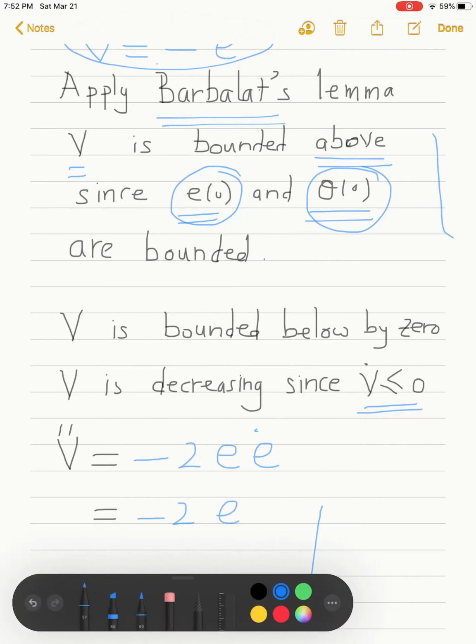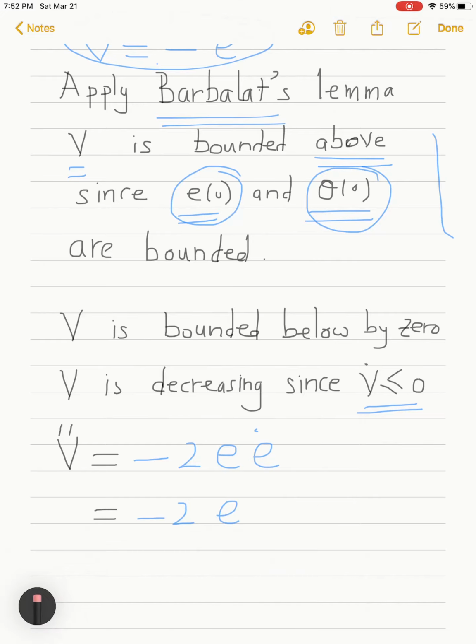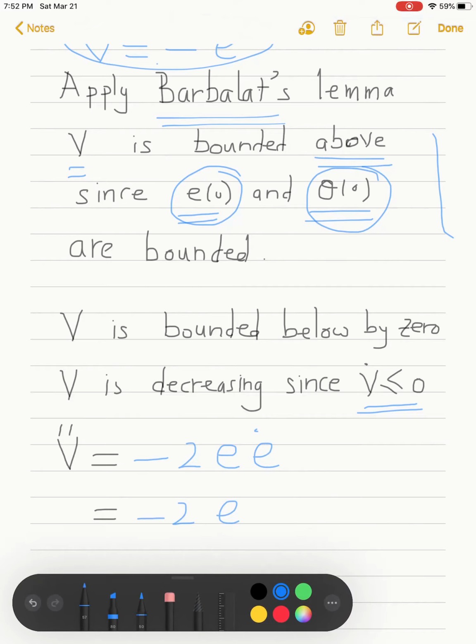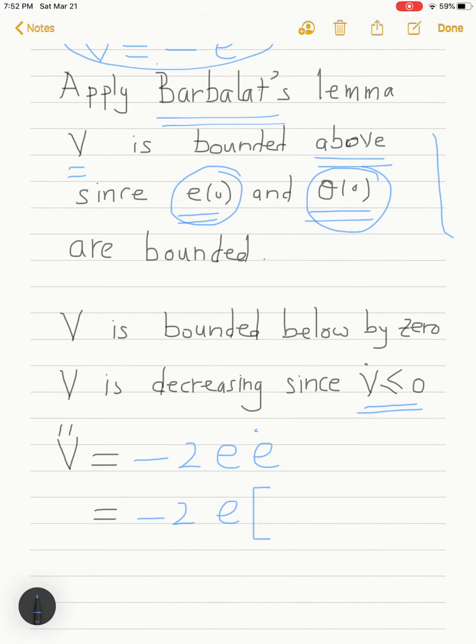I will substitute here for the value of e dot from its equation, so that will be minus e plus b times theta minus 1 over b times uc. So that will give me 2e squared minus 2b times theta minus 1 over b times e times uc.